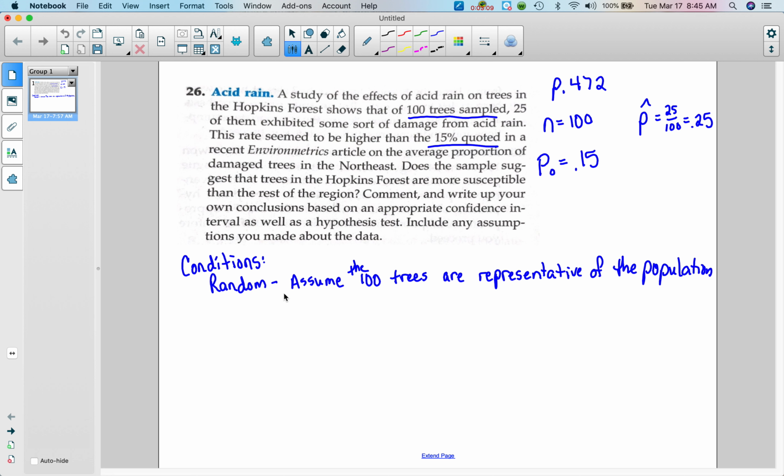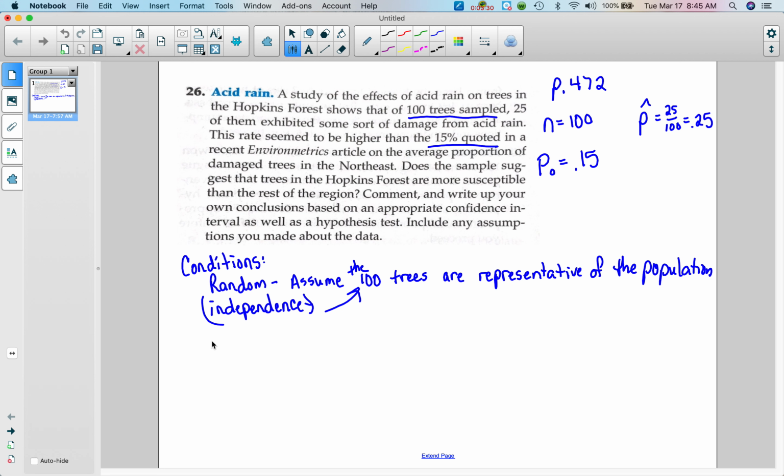So the independence idea could be a little sticky. But if they're representative, this ties in; they kind of go together. We could have an issue there, and that might be something I would comment on.